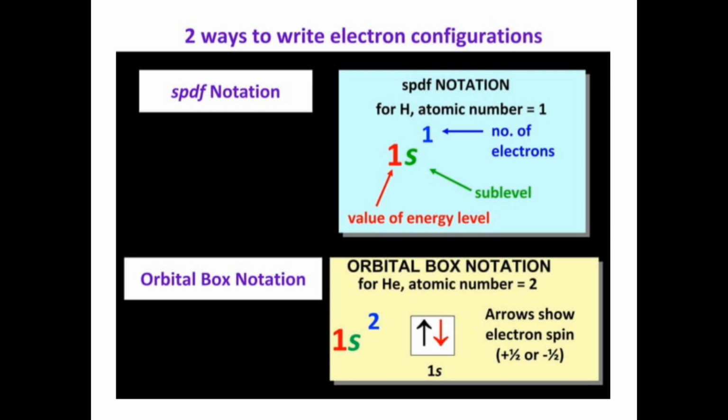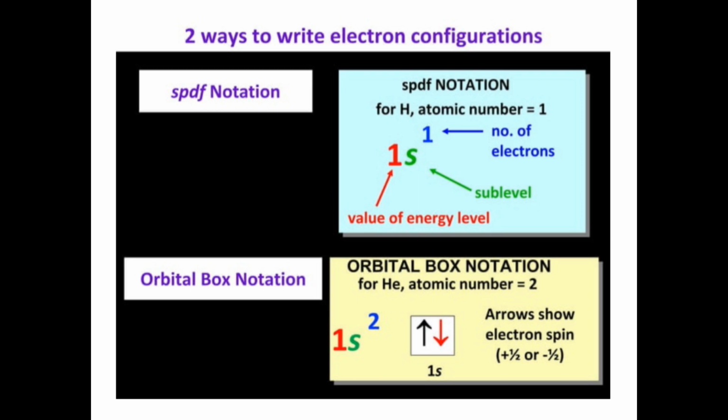For instance, the number 1 from this diagram means the energy level. So this here is energy level 1. The one at the superscript means the number of electrons. So the number of electrons that hydrogen has here is 1. And then the third one, which is S in green, means the sublevel, the S sublevel. So we can have it as 1s1. That's the SPDF notation.